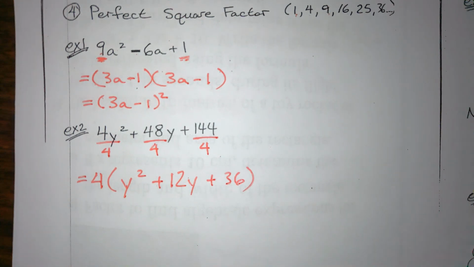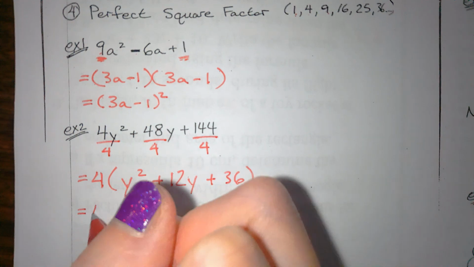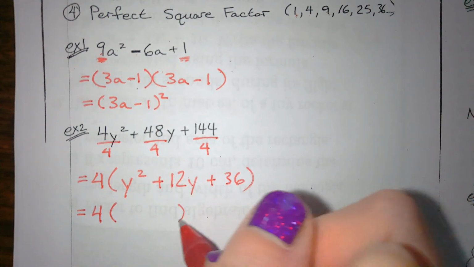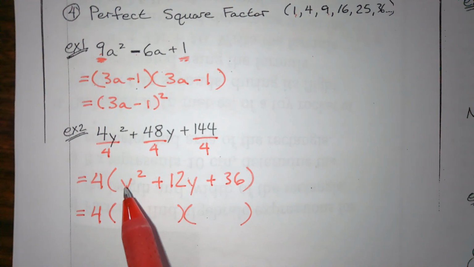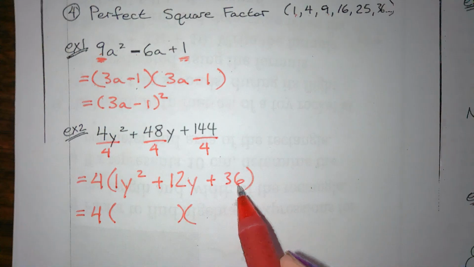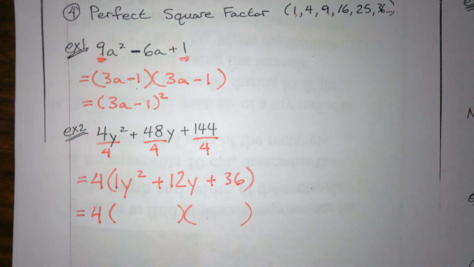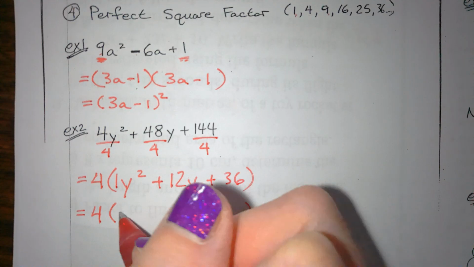Now, even though we factored out that 4, is this a perfect square? Because this is 1y squared, right? 1 is a perfect square. Is 36 a perfect square? Yes. So then, what times what gives me y squared?